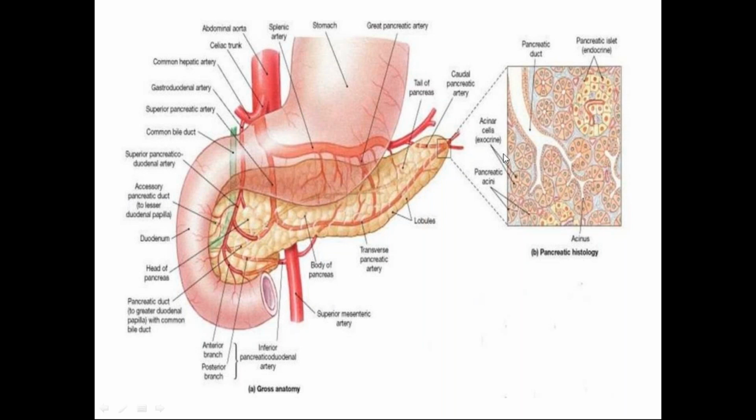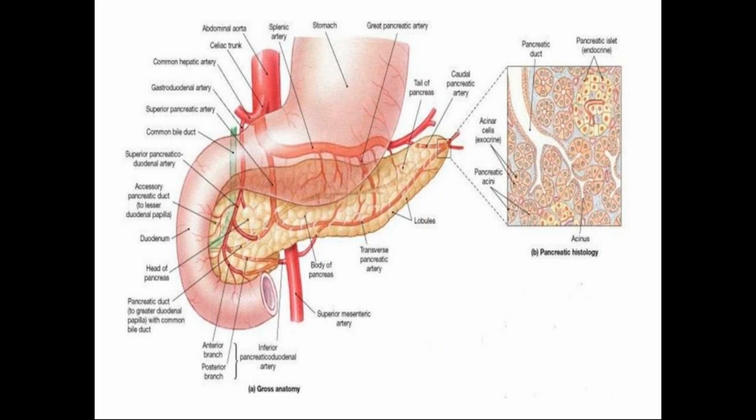So in histology, you need to remember the pancreatic duct and the structures, and both exocrine and endocrine functions. In the endocrine part, the most important hormones are insulin, glucagon, and somatostatin.